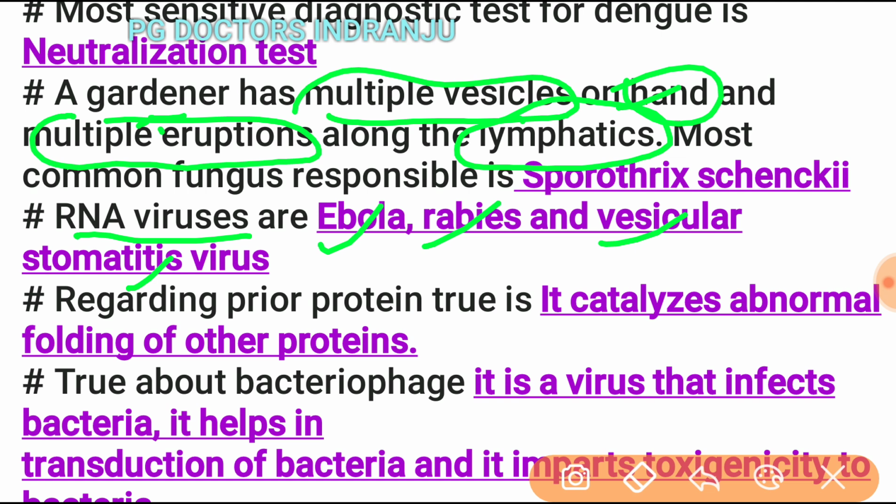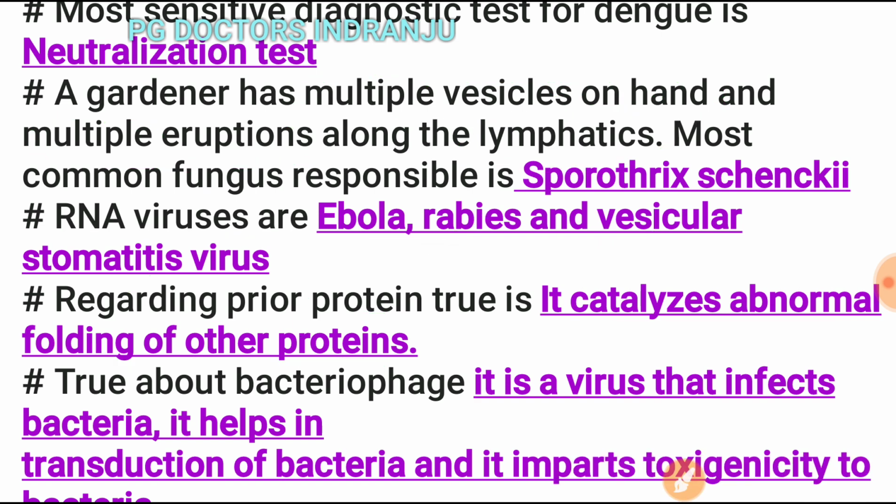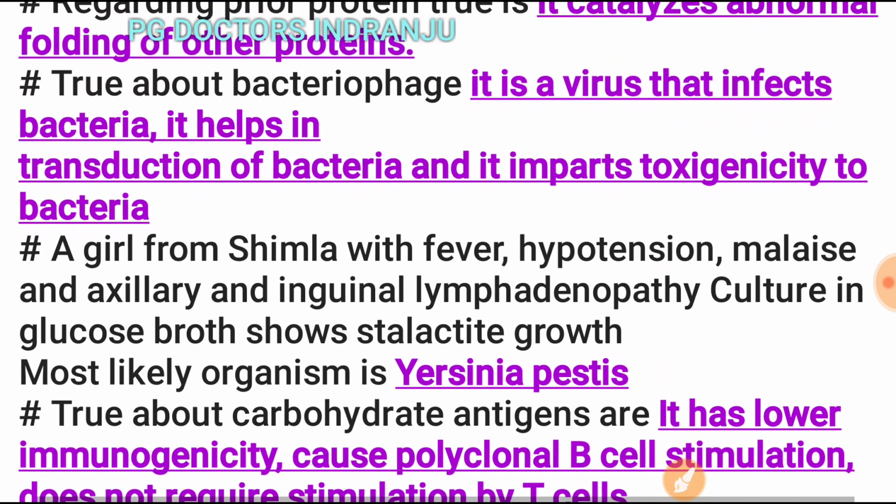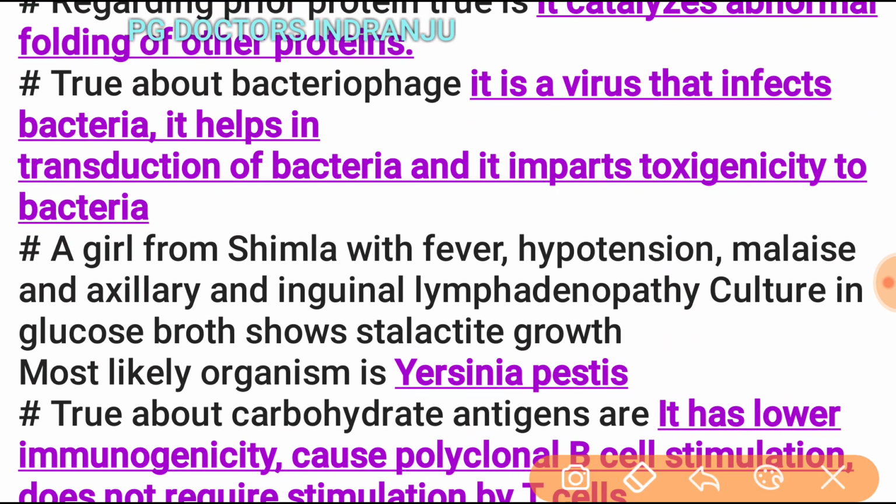Regarding prion protein, true is that it catalyzes abnormal folding of other proteins, which causes Creutzfeldt-Jakob disease. Another true statement about bacteriophage: it is a virus that infects bacteria, it helps in transduction of the bacteria, and it imparts toxigenicity to the bacteria.